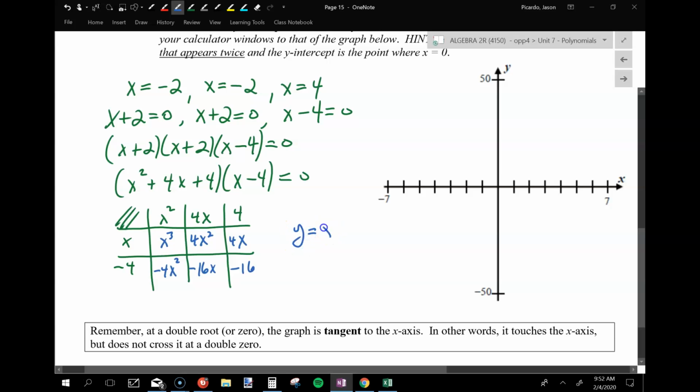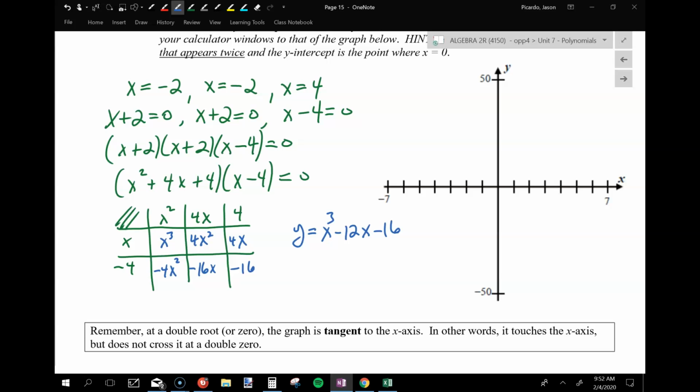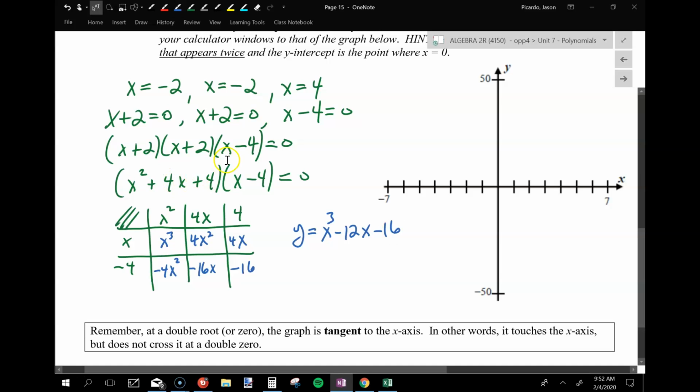So right now, my equation gives me that. What happened right there, guys? The 4x squared and the negative 4x squared, what? Cancel each other out, right? It's negative 16x and 4x is negative 12x. I got this negative 16 at the end, right?